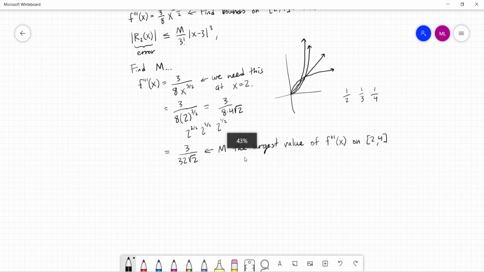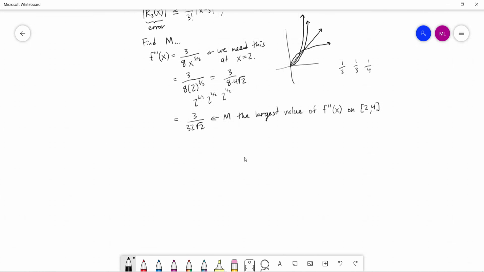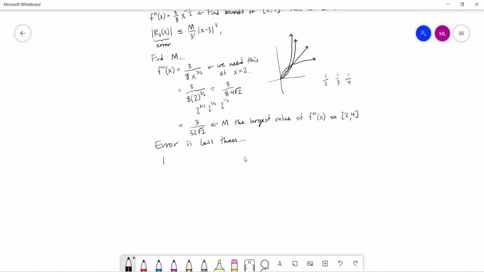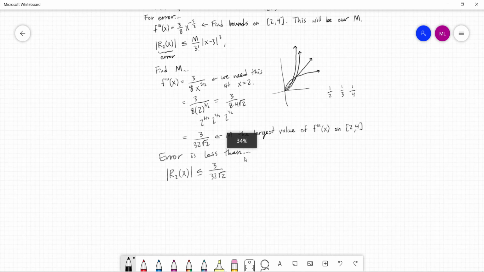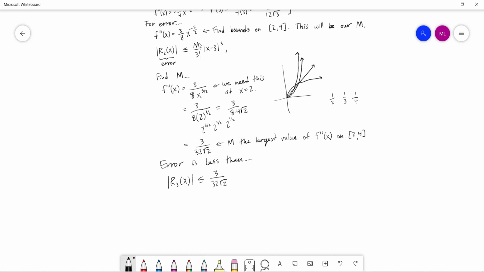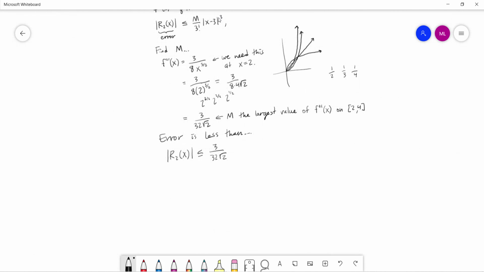And so that's going to be our value of M, and that means that our error is less than, so R2 of x, our error is less than or equal to this number, so 3/32 root 2. And again, all I'm doing is plugging into this formula now. We have our value of M. We're plugging into that.